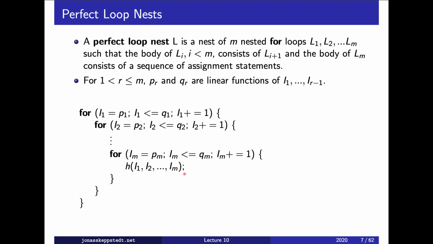There can be any number of statements, but we can view the innermost loop body as one piece, and we can change the iteration order, maybe switch these two loops, for instance, if that is advantageous. And that's much more simple to do if all the assignments are in the innermost loop.